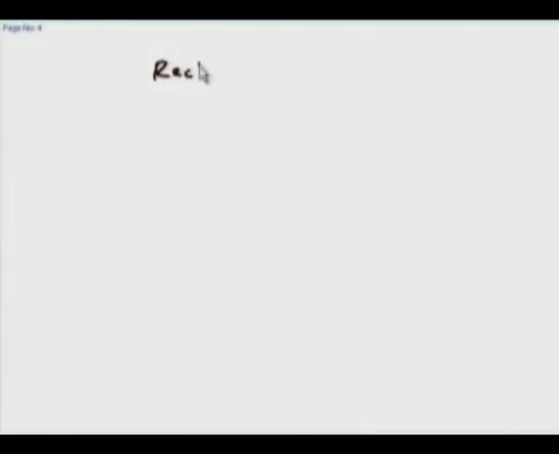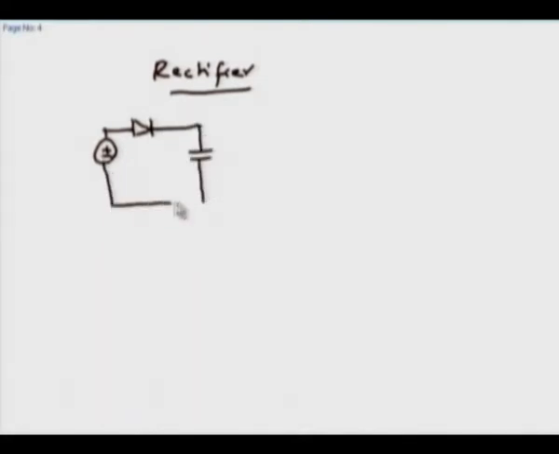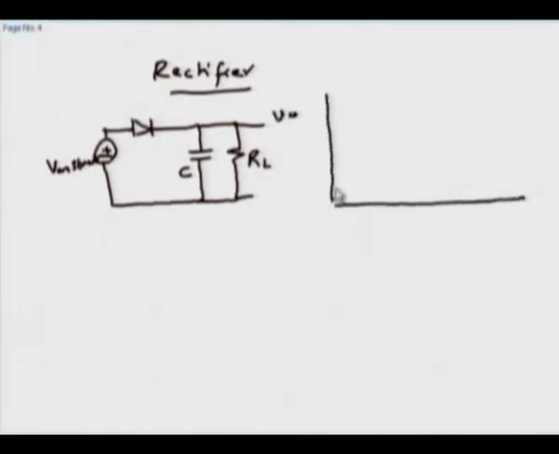Now, if you consider a half wave rectifier, and if you have a load here, and if the input is Vm sin omega t, now if we did not have the resistor there, then the capacitor would have, if the input was this.